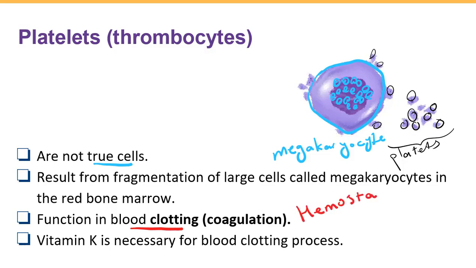Hemostasis means stopping the bleeding. Blood clot formation is a very complex process in which many enzymes and factors are involved, and one important for the process is vitamin K. Vitamin K is necessary for blood clotting.